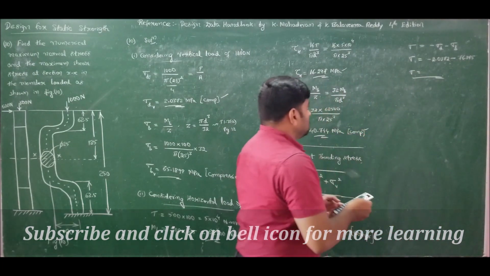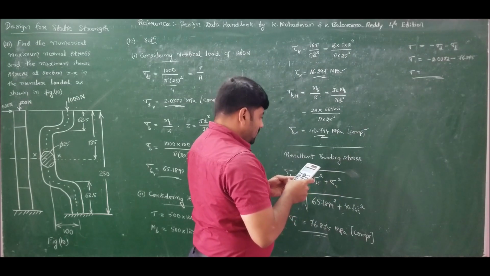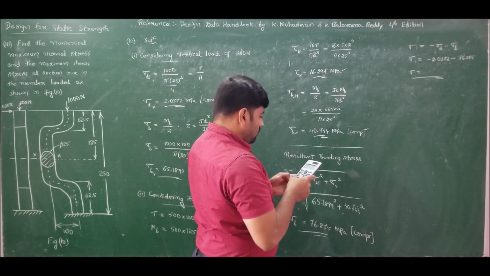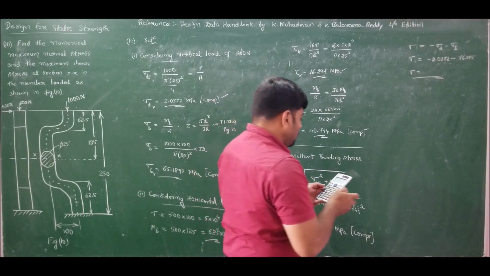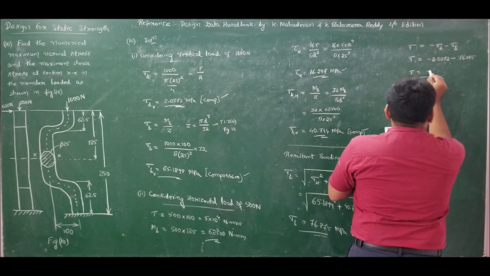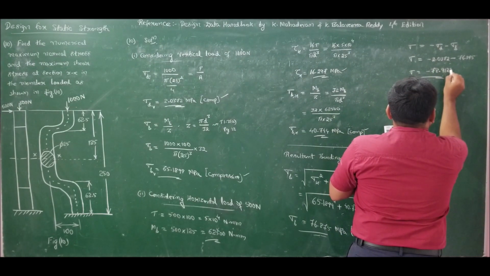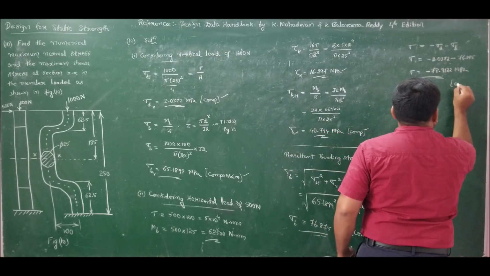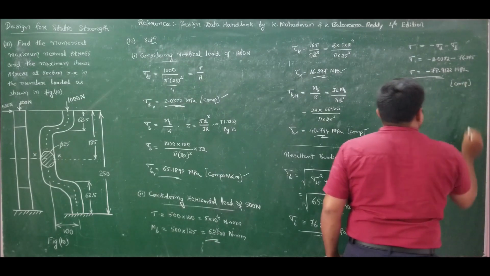So sigma is minus 2.0372 minus 76.875, which is equal to minus 78.9122 megapascals, negative because of compression.